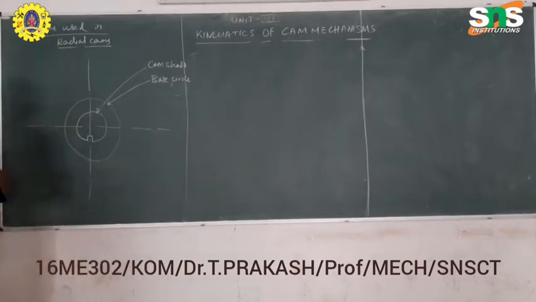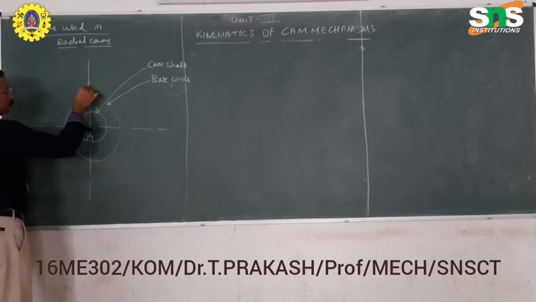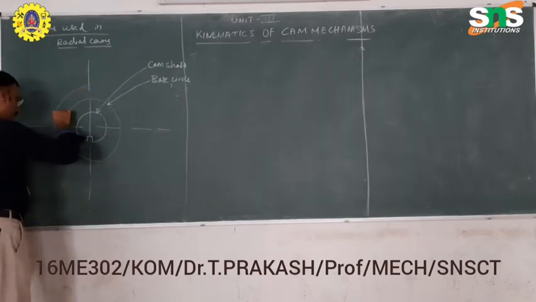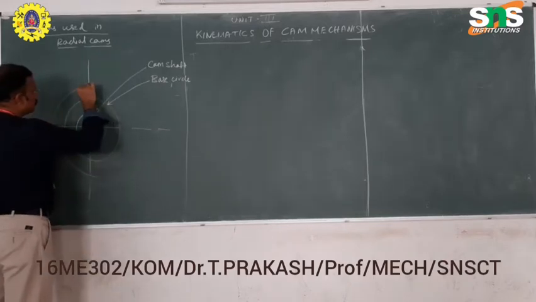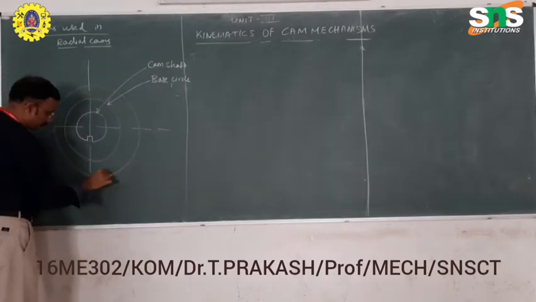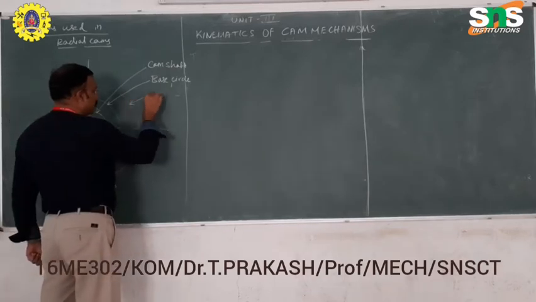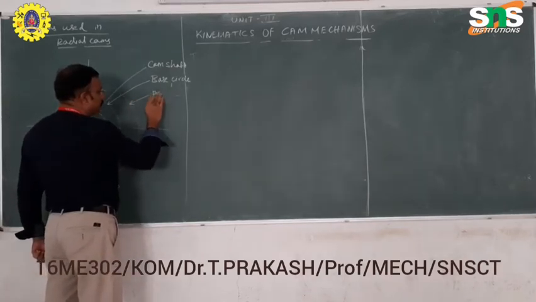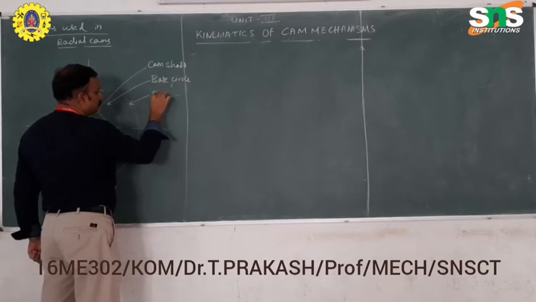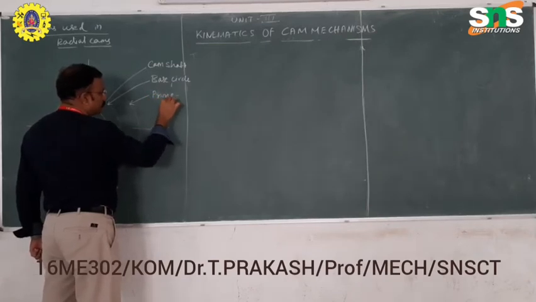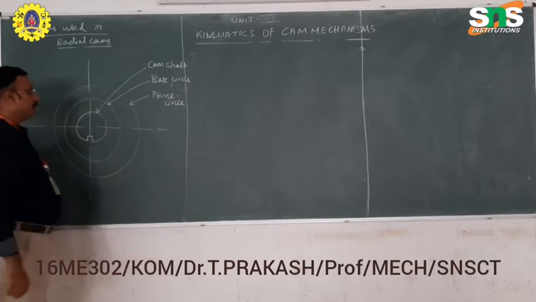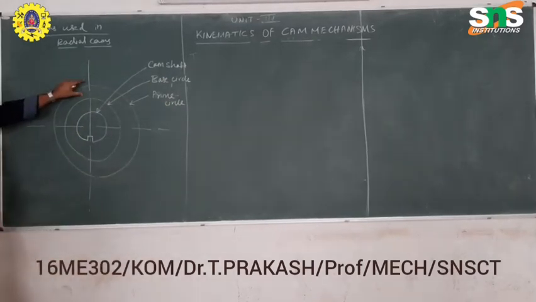The next one is the prime circle. It is our prime circle. Mark here, prime circle. The prime circle is the circle which is somewhat higher than the base circle.